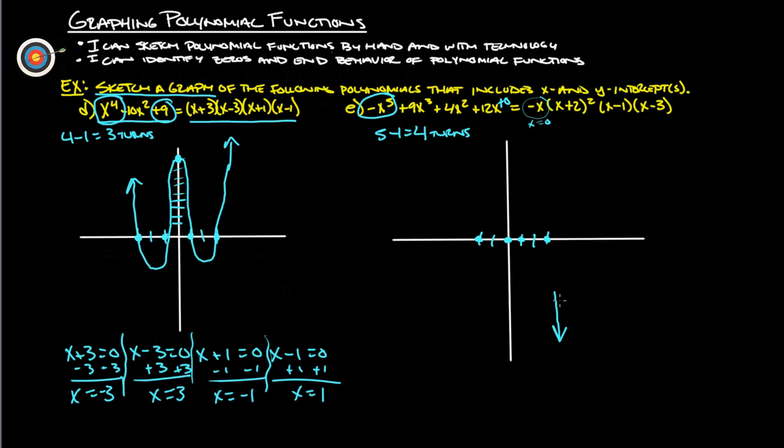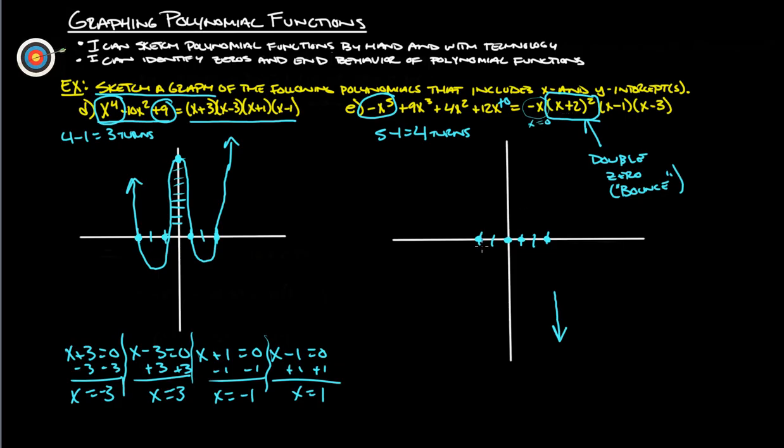Now, here's one big key on this one. This one right here is what we call a double 0. That means it's going to bounce at x equals negative 2.